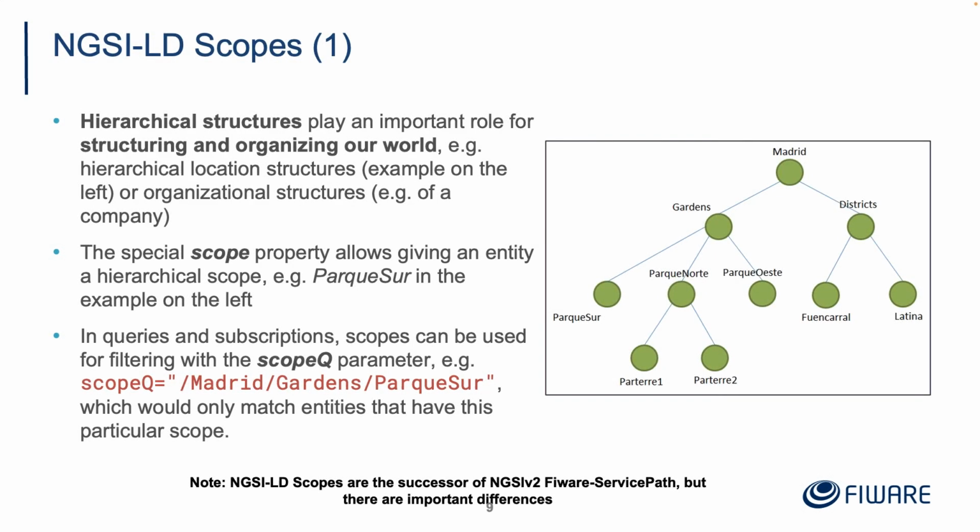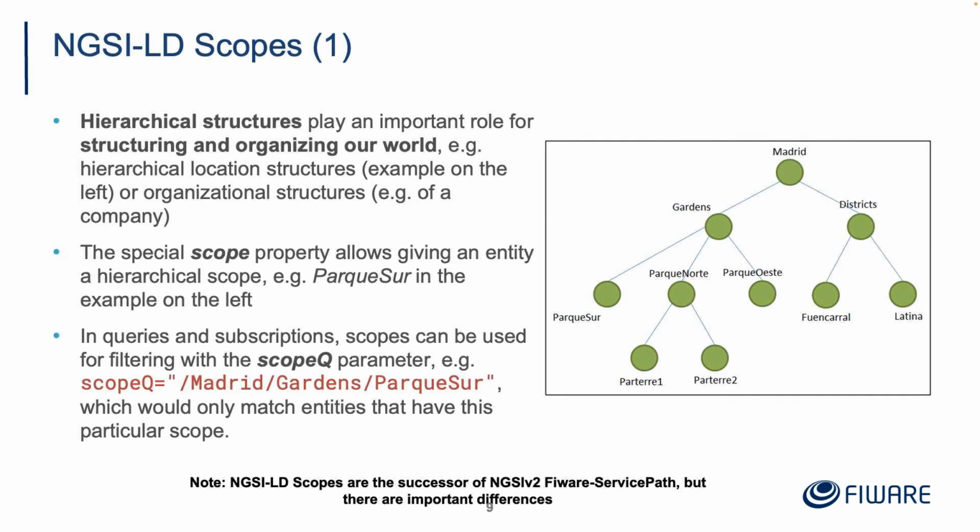You could imagine a situation where you'll have one broker which has got all this data, but equally, I might have a broker just for Parque Norte, for example, which if I wanted to get just their data, I could get hold of that information. Hierarchical structures are very useful because effectively you can do a separated path to just get the data from a certain part of the system.